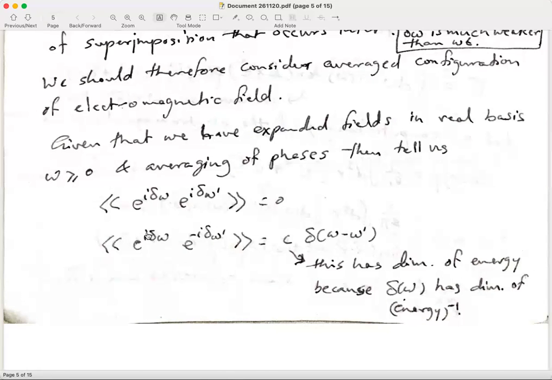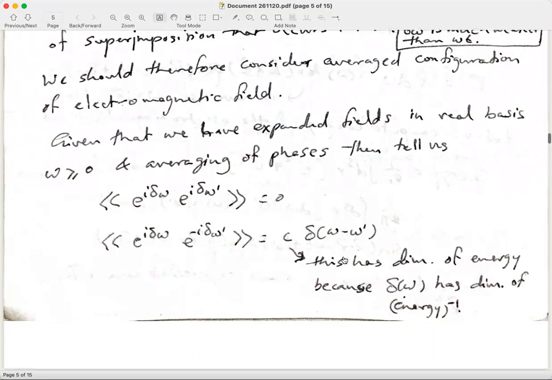The left hand side is just a number because they are just phases, and therefore the constant that we are writing down here has the dimension of energy, so that energy times 1 over energy makes the right hand side dimensionless. Is that fine? Are there any questions?